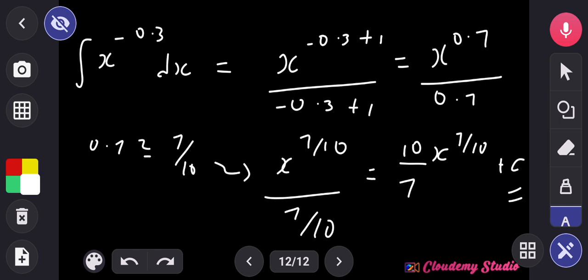Now let us move to the concept of trigonometric function in integral. You understand? Now remember that we have mentioned the standard integral for trigonometric function.